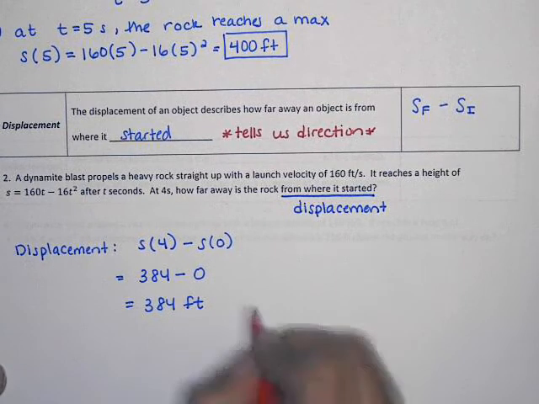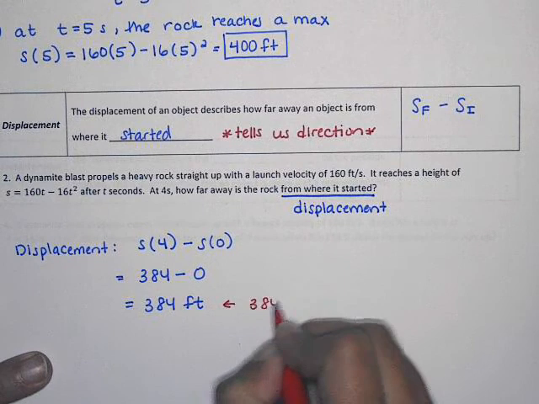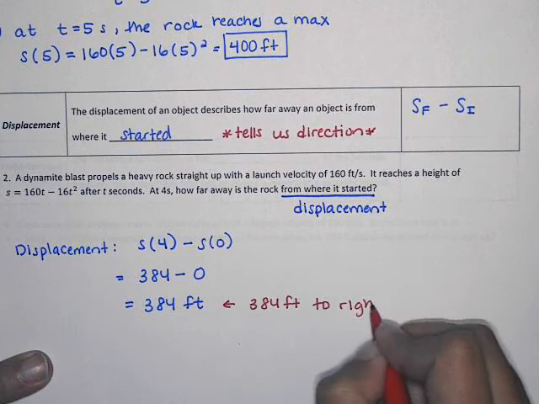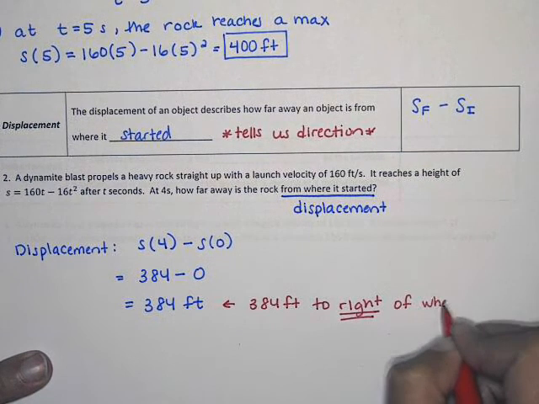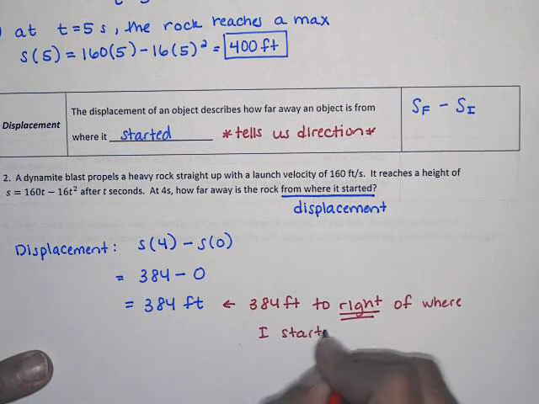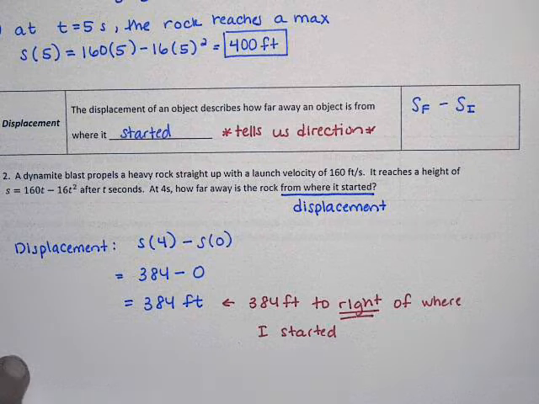If my displacement is positive, then that means I am 384 feet to the right of where I started. If my displacement was negative, I would be 384 feet to the left of where I started. The sign of your answer here tells you which direction you were traveling in.